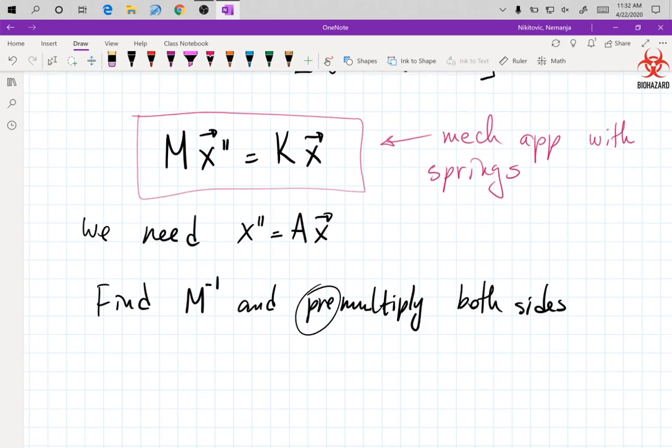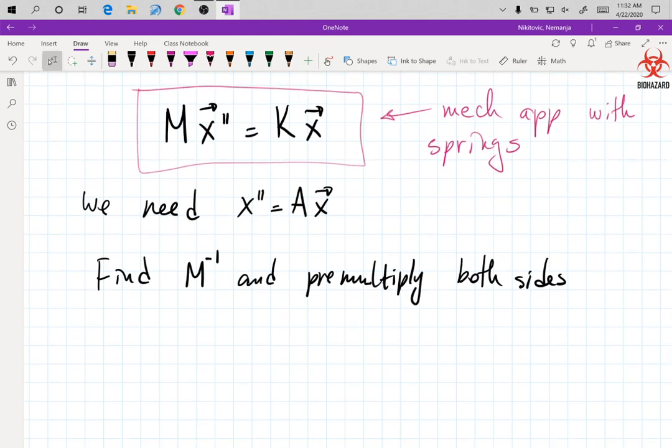I did tell you before, I hate that word, but it's necessary because you have to put it before these. Matrix multiplication is not commutative, so it's important whether you put it in both terms before or both terms after. You can't mix and match. So we're going to get M inverse times M x double prime is equal to M inverse times K times x.